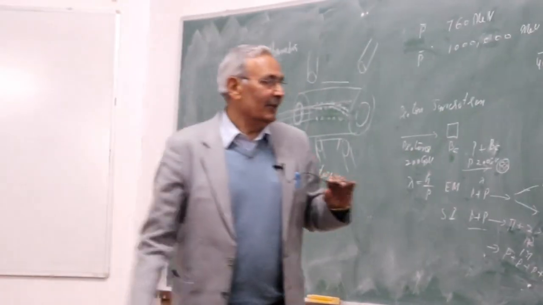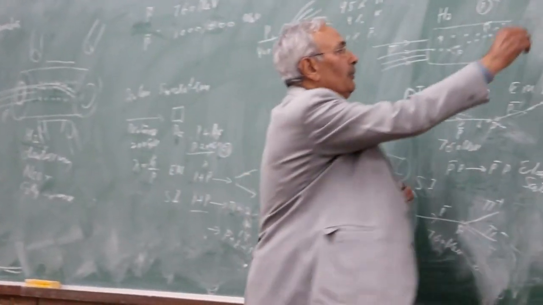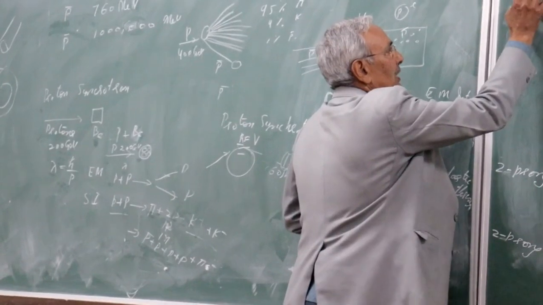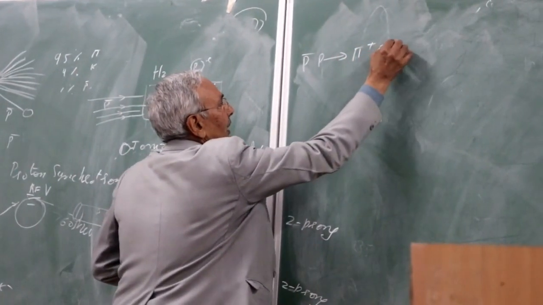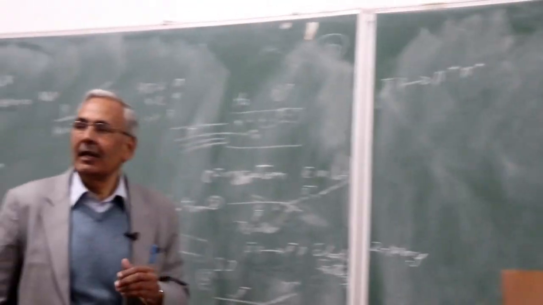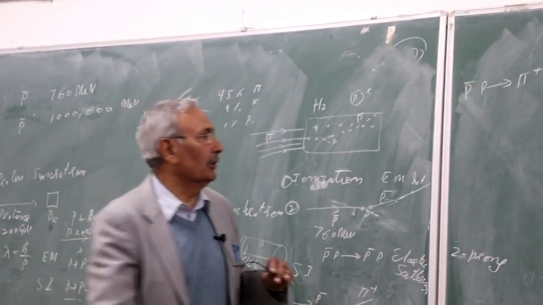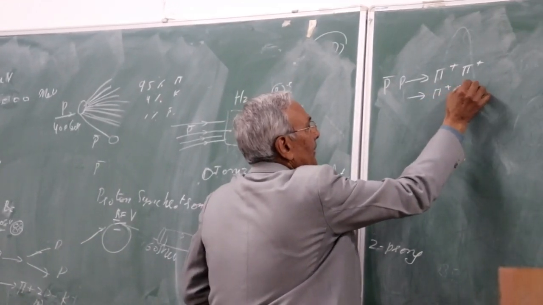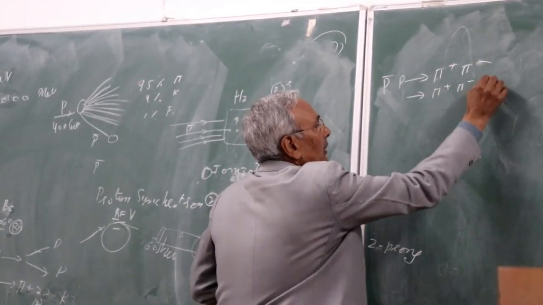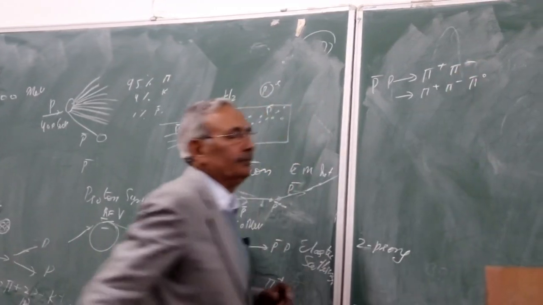So possibility is only the annihilation. So antiproton interacting with the proton and it annihilates, it can give you the pi plus, pi minus, or n number of pi 0 because charge is not conserved. You can have pi plus, pi minus and pi 0 also.